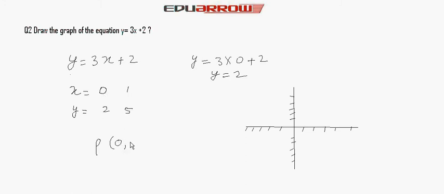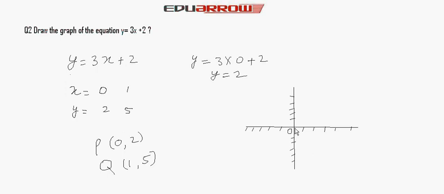Zero and 2. 0 means we do not move from the origin, and 2, 1, 2. So this is the point here, (0, 2). And now we go to the second point.